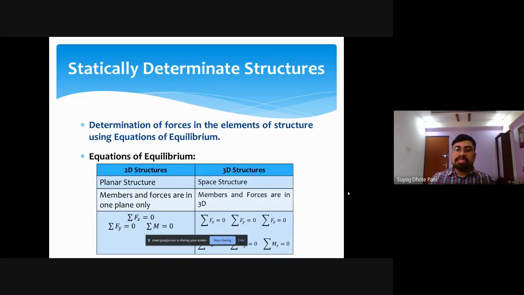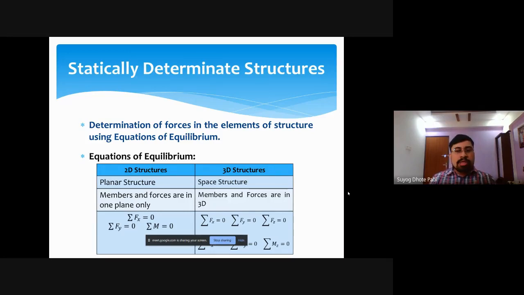So we have six equilibrium equations: summation Fx, summation Fy, summation Fz equal to 0, as well as summation Mx, My and Mz equal to 0. In 2D there are only three: summation Fx, summation Fy and summation of moment equal to 0. These are the basic equilibrium equations for 2D and 3D structures.